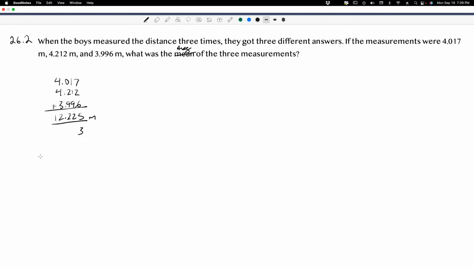That is the mean of the 3 measurements, or the average. That's the same thing as average. So that wasn't so hard, right? We just add them together, plug them in the little calculator, divide it by 3, it spits out the answer. Easy peasy. All right, let's clear the board and we'll do another one.